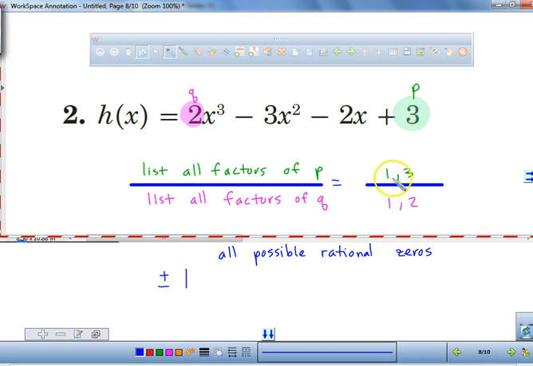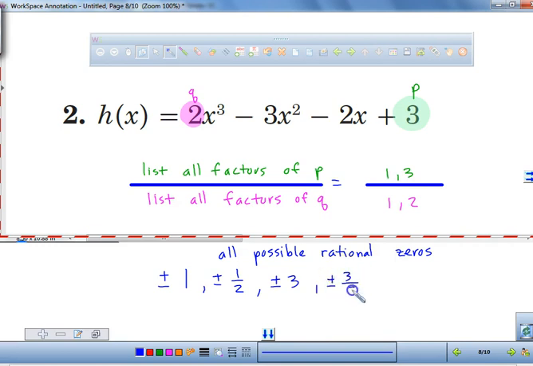Then you take the 1 over the 2 and you could say another possible rational zero would be plus or minus a half. So basically it's 1 over 1, or it could be 1 over 2. When you're done with this number, then you move to the next number and you say 3 over 1. So you can say plus or minus 3 over 1. And you can also lastly say plus or minus 3 over 2.